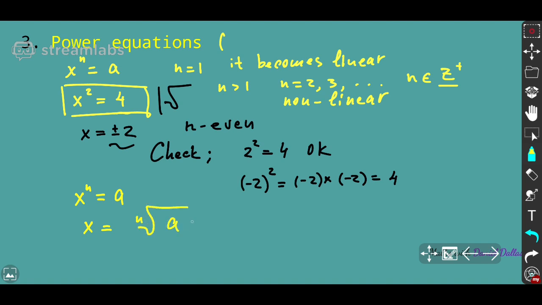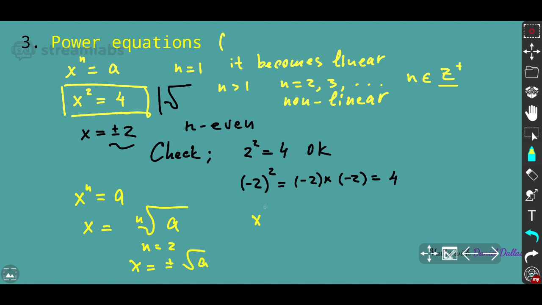It means finally you'll have the nth root of a. Okay? So, for example, in case n equals 2, you should take plus minus square root of a.